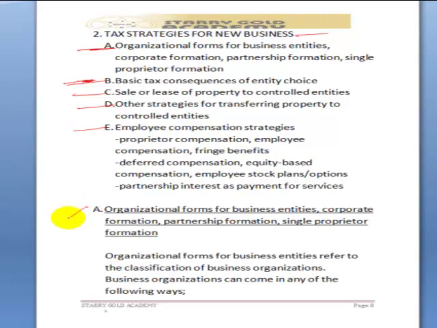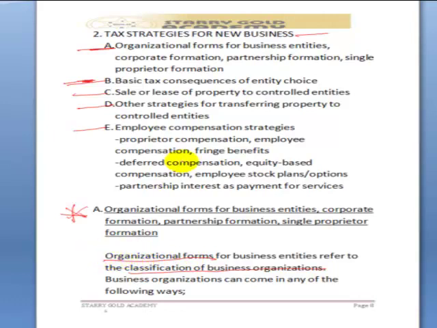It says organizational forms for business entities, corporate formation, partnership formation, single proprietor formation. Organizational forms for business entities refer to the classification of business organization. That is, another word for organizational form is business organizations.